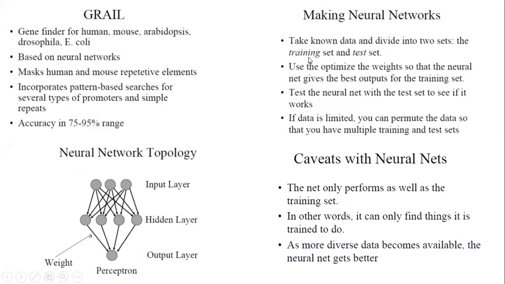Then once it knows that the training set is good enough, it compares with the test set. Then it makes some assumptions out of it. It gives the data in a kind of score. There are still caveats in that. The net only performs as well as the training set. How the training set has been trained gives the result only within that limitation.